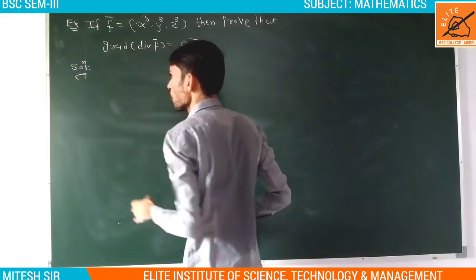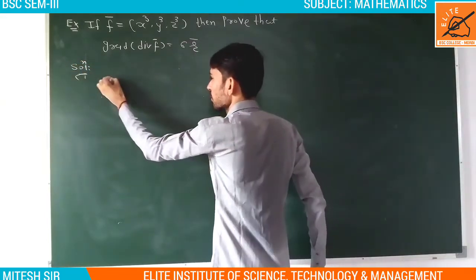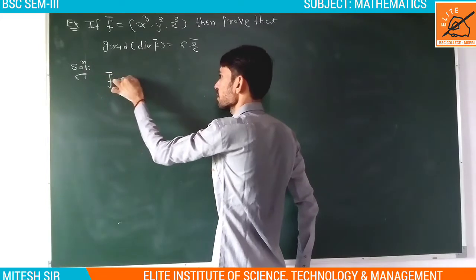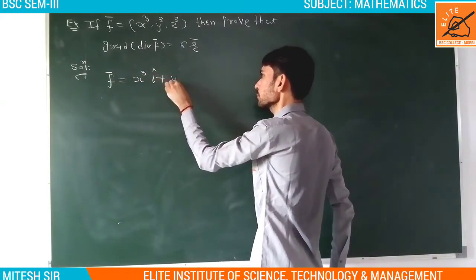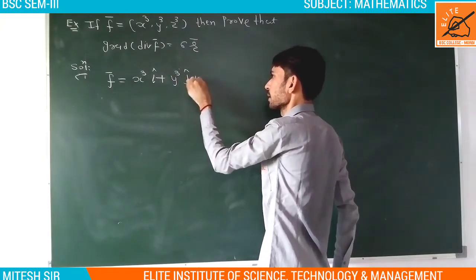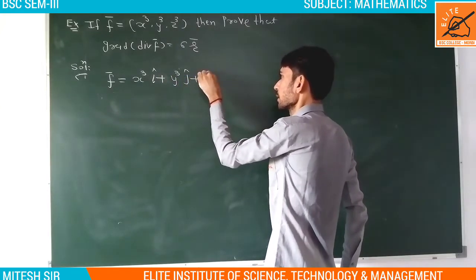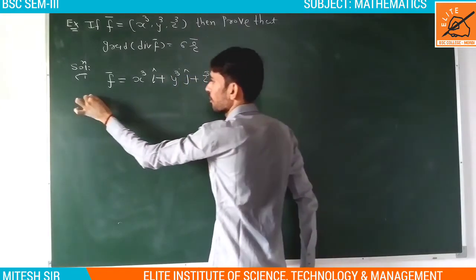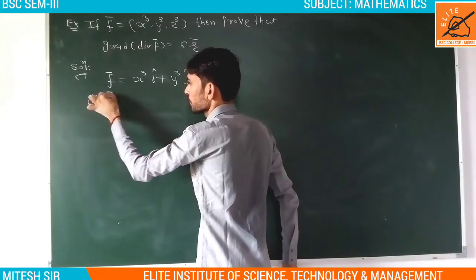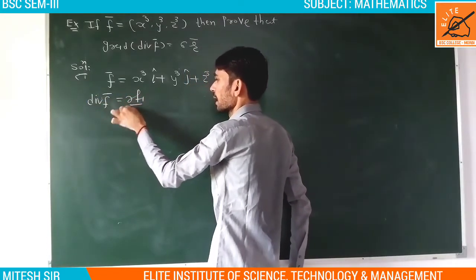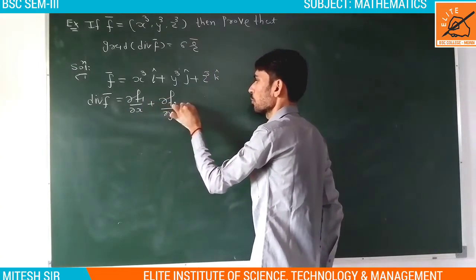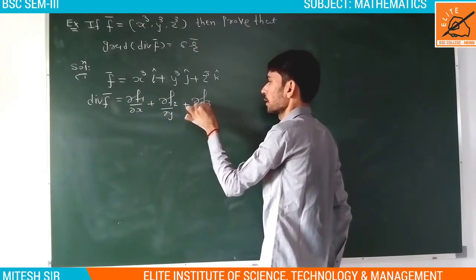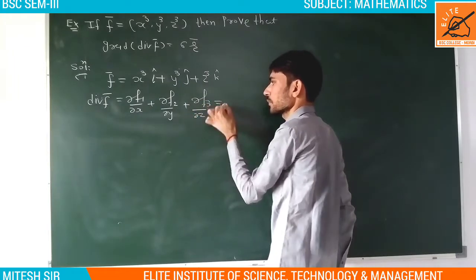Next is the solution. As you know how to find the divergence of any vector function, first of all our vector function is x cube i cap plus y cube j cap plus z cube k cap. Now we find divergence of this: del f1 upon del x plus del f2 upon del y plus del f3 upon del z.